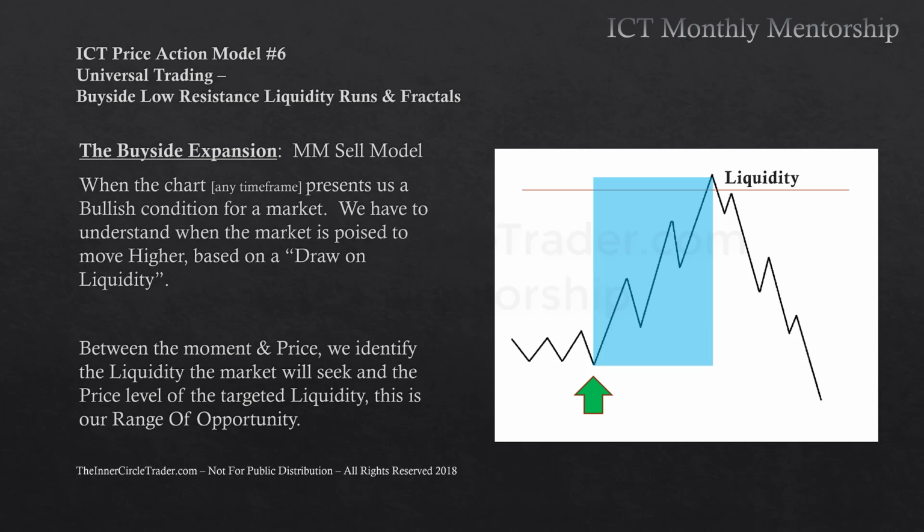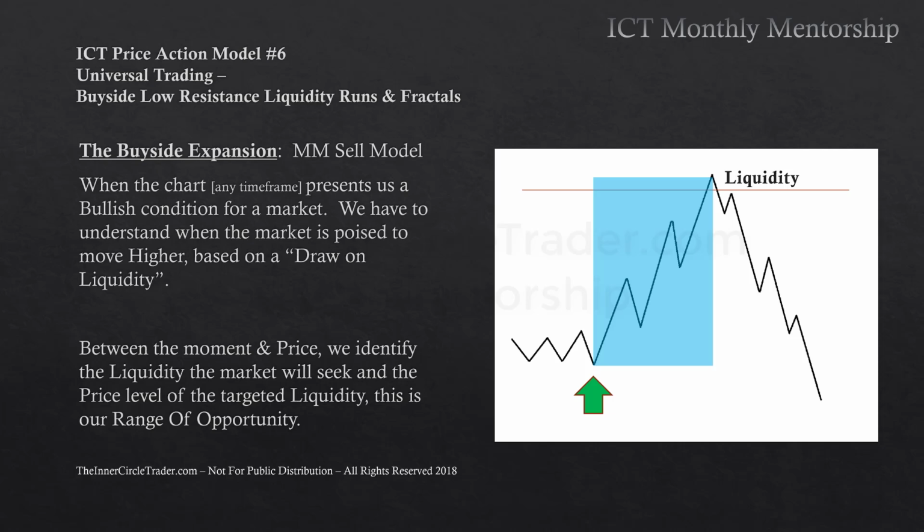Between those 2 points, we will be identifying 1 or 2, because we're looking at a market maker sell model initially here. Okay, so the pattern or the setup, if you will, is the market maker sell model, and we're using the buy side of the curve.